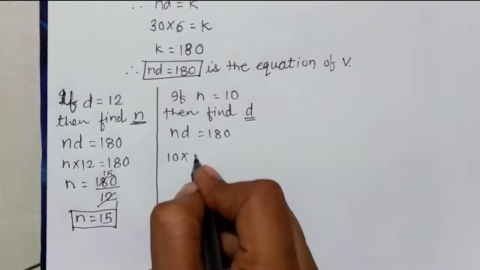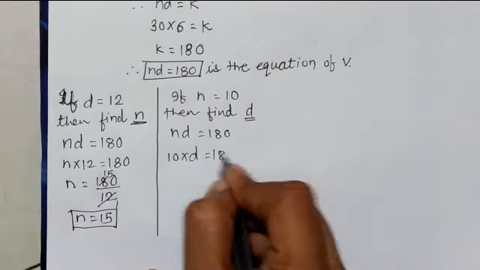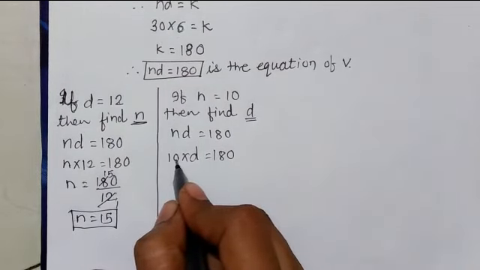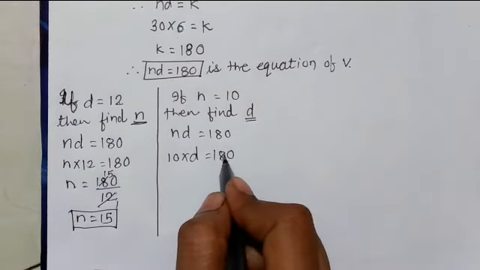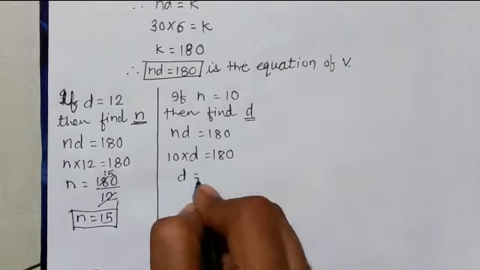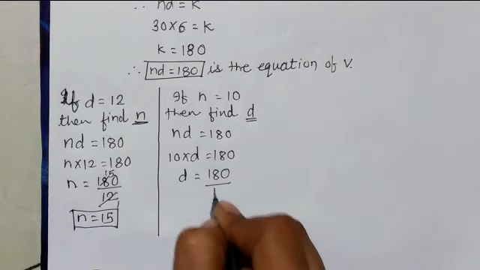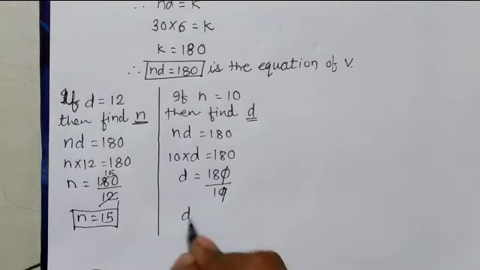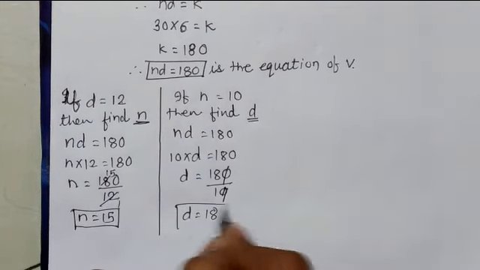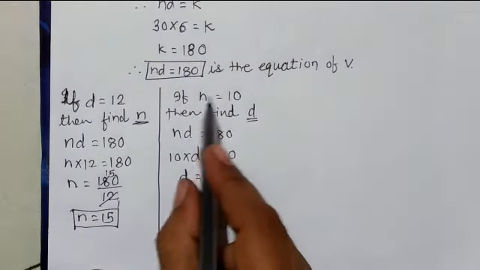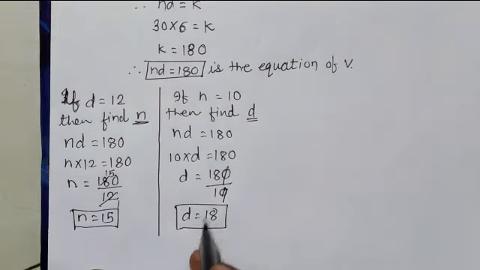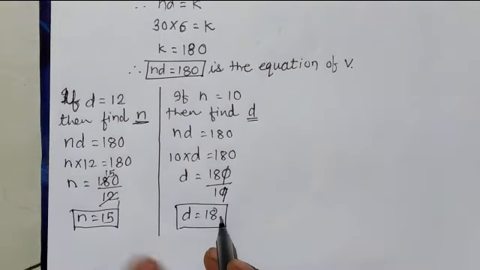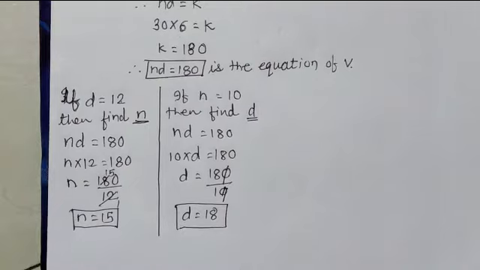We don't know d, so we write it as it is, equal to 180. This 10 is multiplying the d. While going opposite, it will be divided. d is equal to 180 divided by 10. The 0s will be cancelled. So d is equal to 18. It means if the number of workers is 10, then 18 days are required to complete the task.